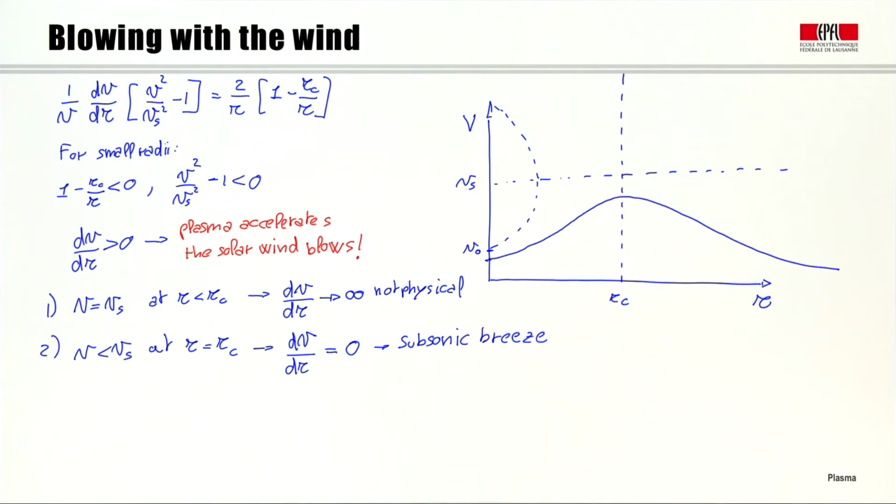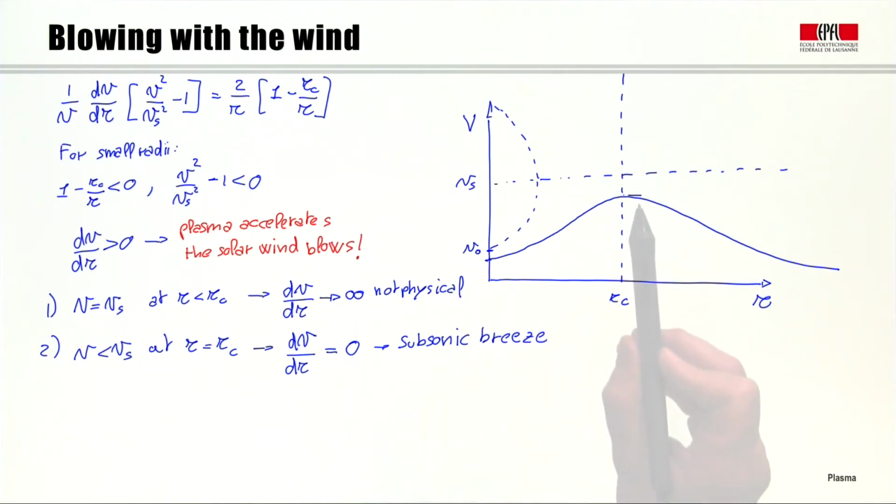The second family of solutions is represented by a wind that started at initial velocity V0, accelerates up to a certain maximum velocity at the critical radius RC.